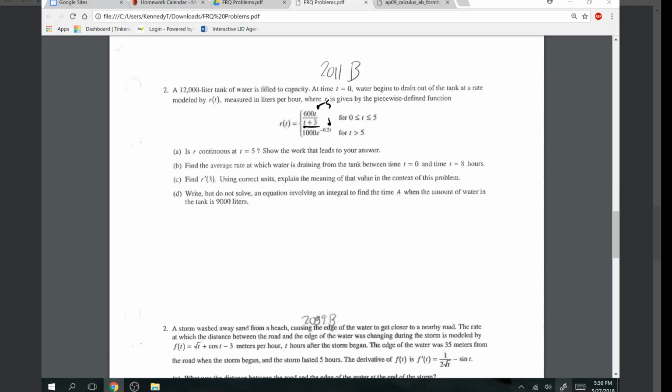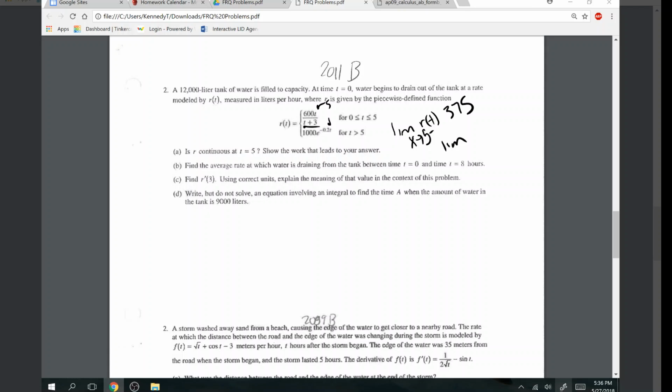In fact, the limit of R of t as t approaches 5 from the left side is 375, like a clean number. When you plug 5 in here, you get 3000 over 8, which is this.